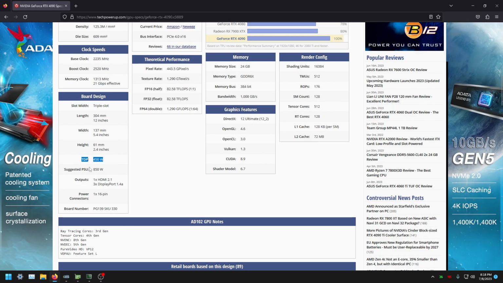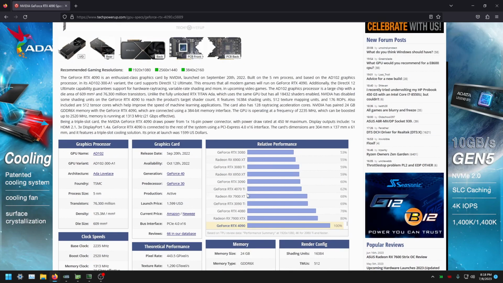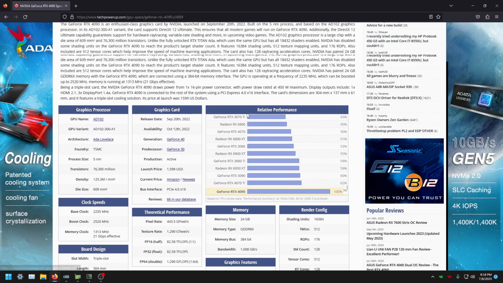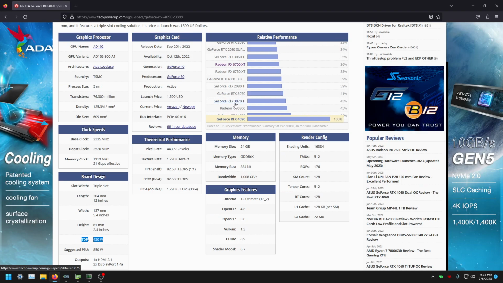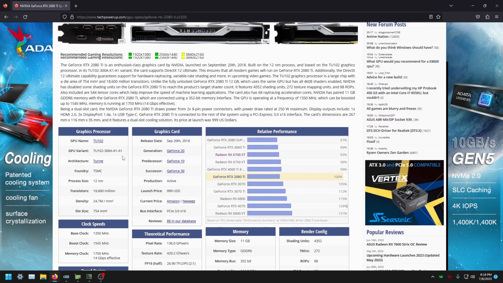and the other components like your CPU, your RAM, your hard drive, your SSDs, your fans, everything is consuming power. So that's why 850 is a sweet spot for this particular card. If you are using a low end card like myself, a 2080 Ti, which is a decent card.